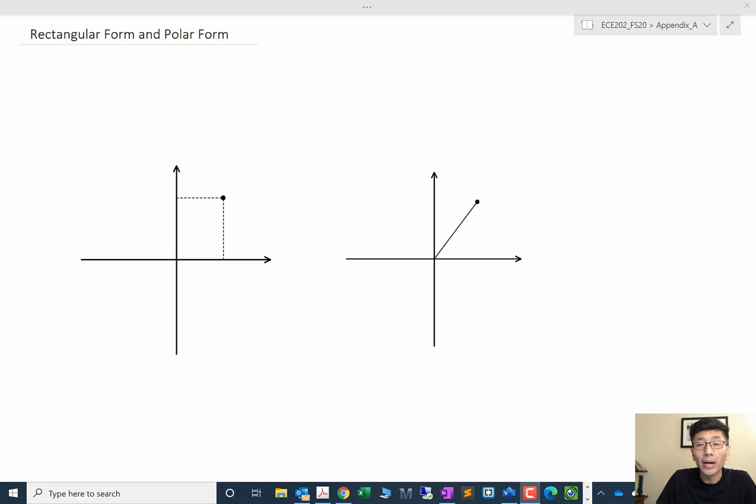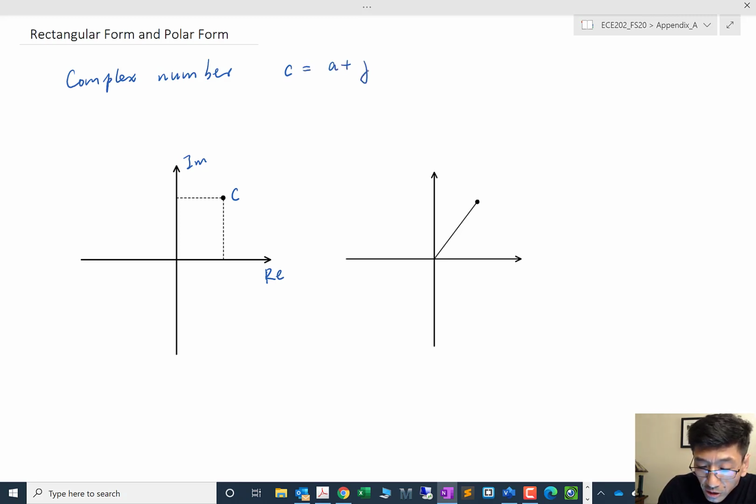Right? There are two different ways. So let's see, I have a complex number c. This is the complex number corresponding to c. This is the real axis, this is the imaginary axis. And c is equal to a plus jb.